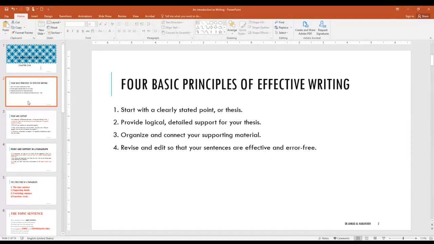They have a problem with their mental abilities and so on. So I have to rely on these pieces of evidence in order to convince you as a reader. I don't say that, but the specialists say that, and I support my argument with this quotation and so on. Also, you should organize and connect your supporting material.